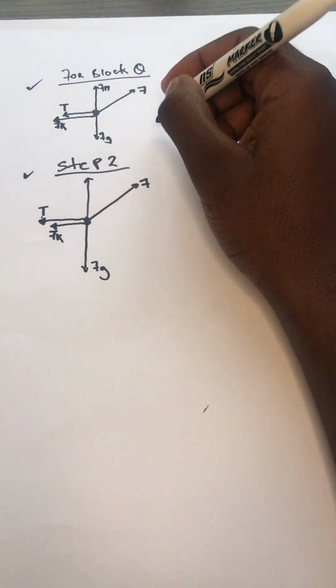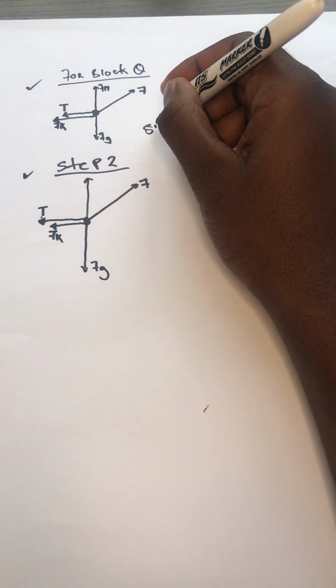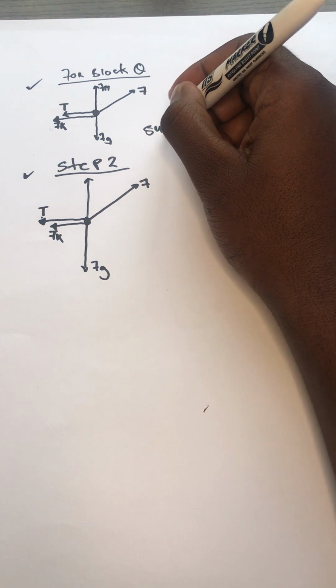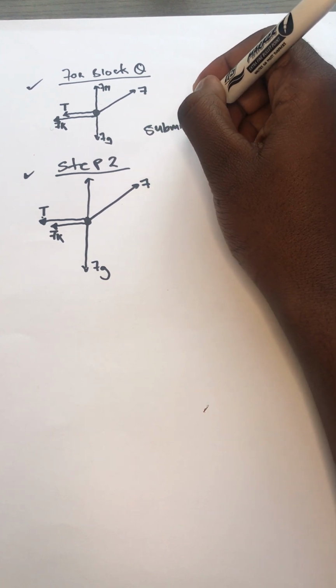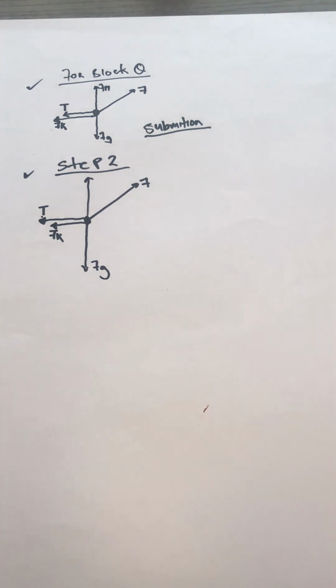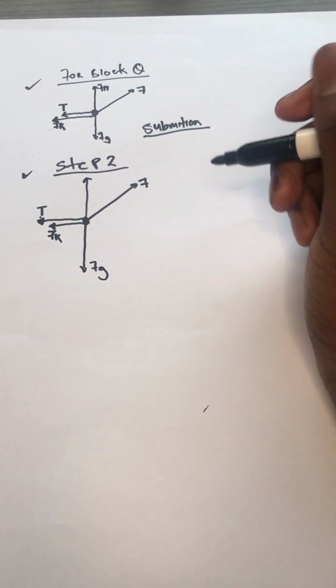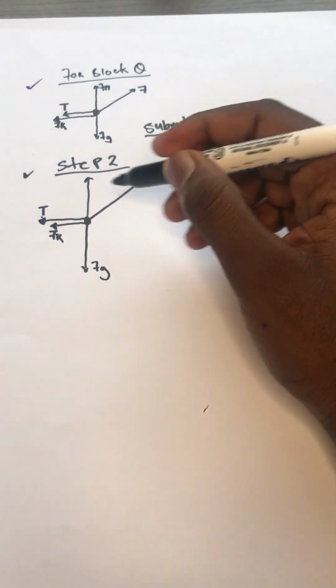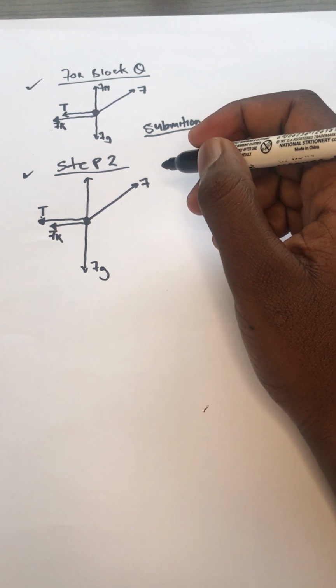For submission we usually use this diagram. So if you are going to draw a free body diagram, you draw this free body diagram, and then step 2 is where we get the components.